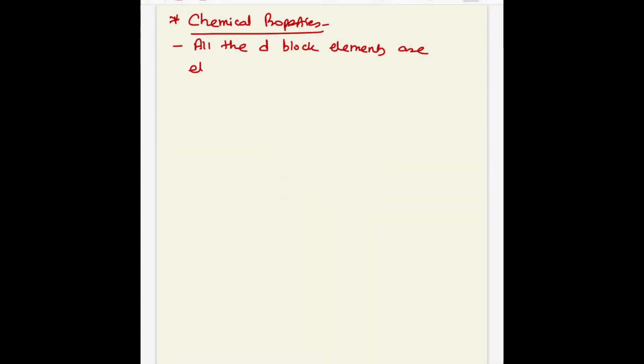Being electropositive metals, they exhibit variable oxidation states.